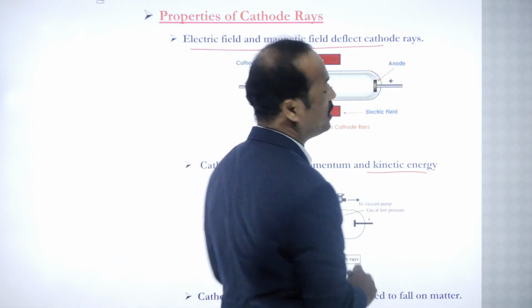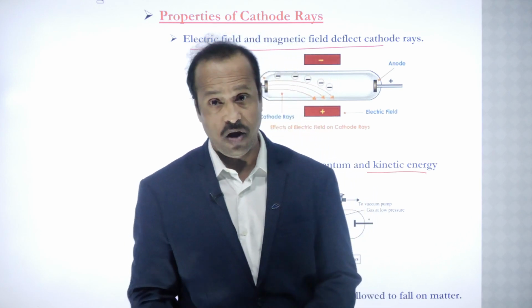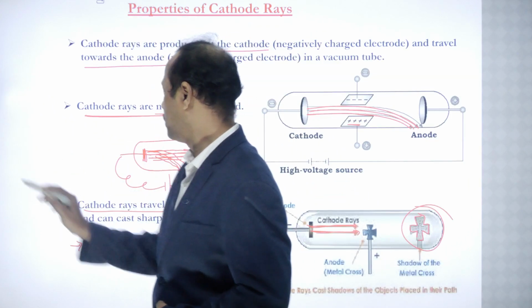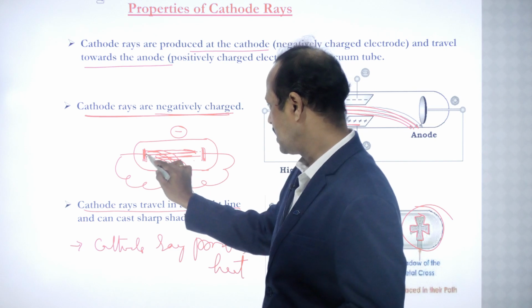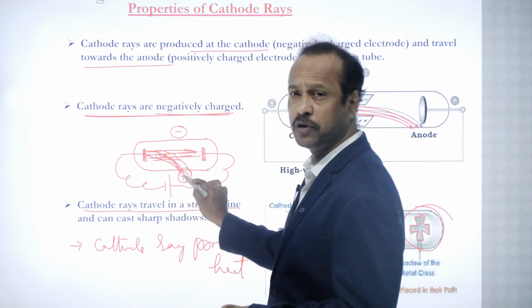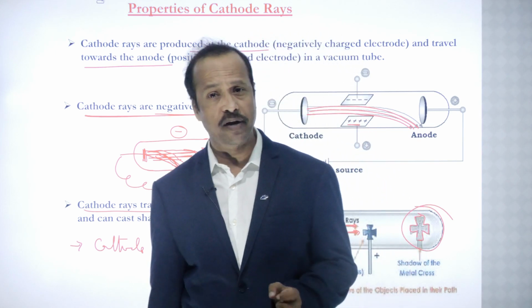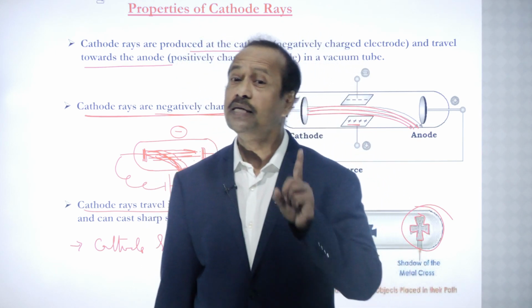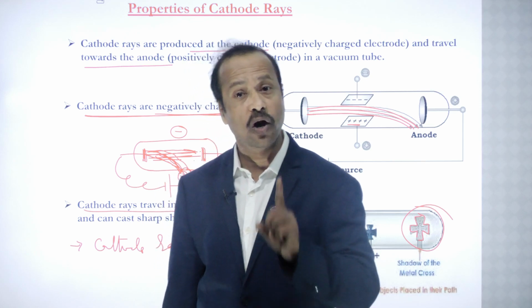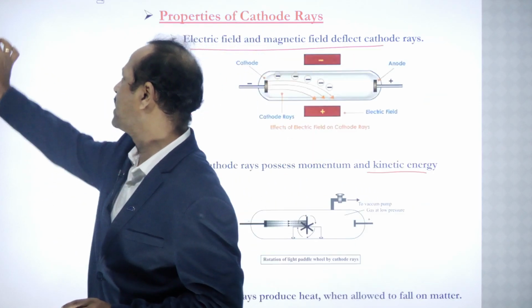Cathode rays are deflected by electric and magnetic fields. I already showed that when you place a positive charge, they deflect towards the positive charge. This positive charge is part of an electric field, so cathode rays are deflected by the electric field. Similarly, cathode rays are also deflected by the magnetic field.